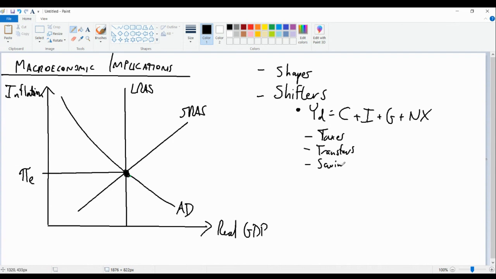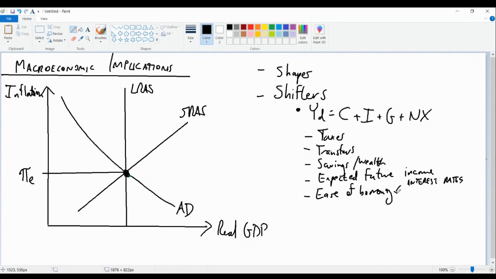Transfers, value of savings or wealth, it's the same thing. Expected future income, since you have to borrow against it. I said ease of borrowing, which of course has two parts, interest rates and financial frictions.